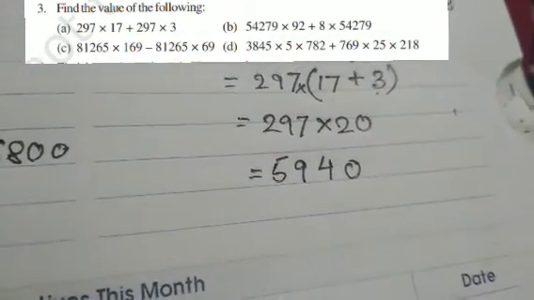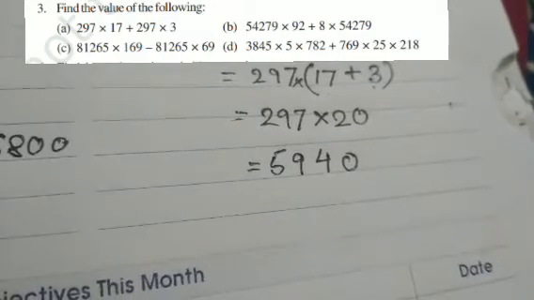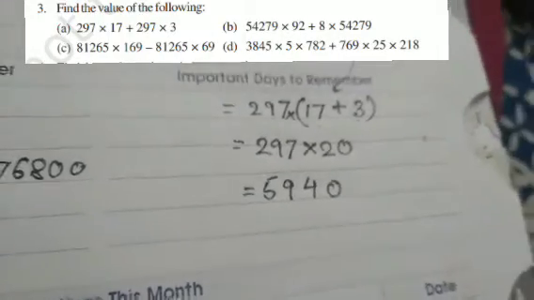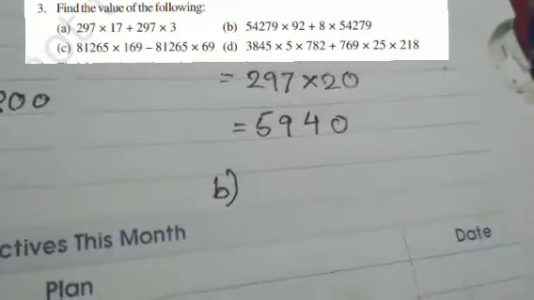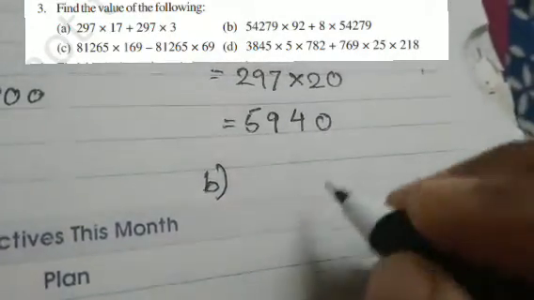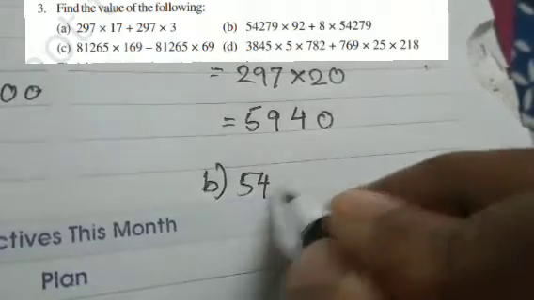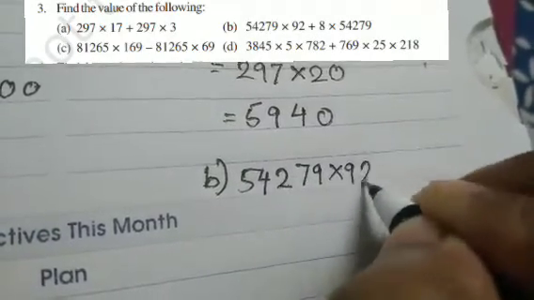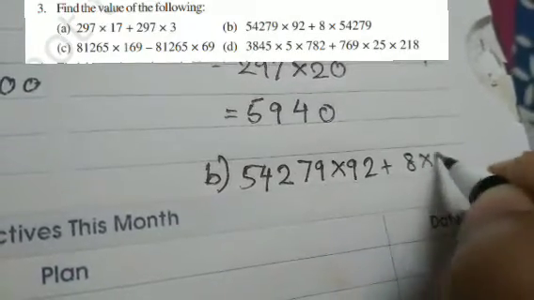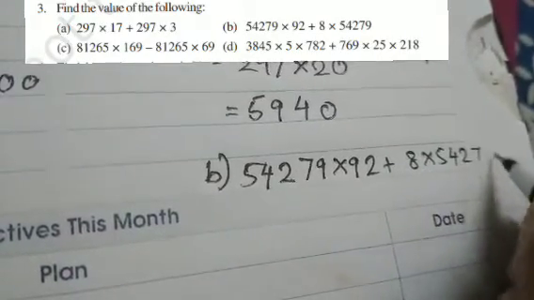So that is the question that I have. This is basically the distributive law I am doing, which was there in the earlier chapter as well. B is 54279 into 92 plus 8 into 54279.